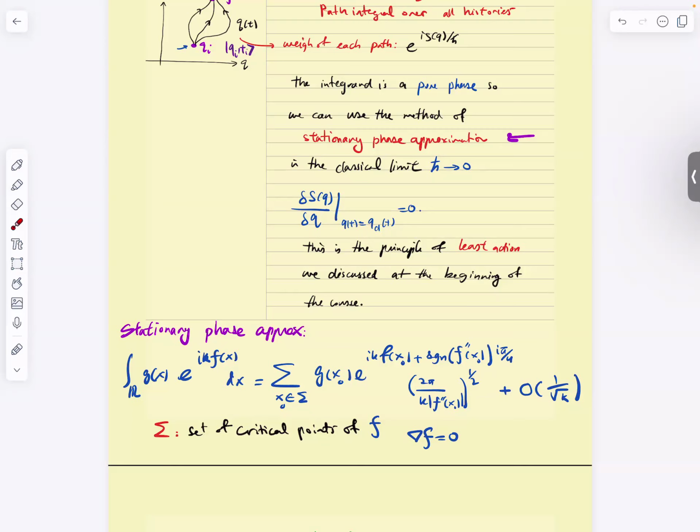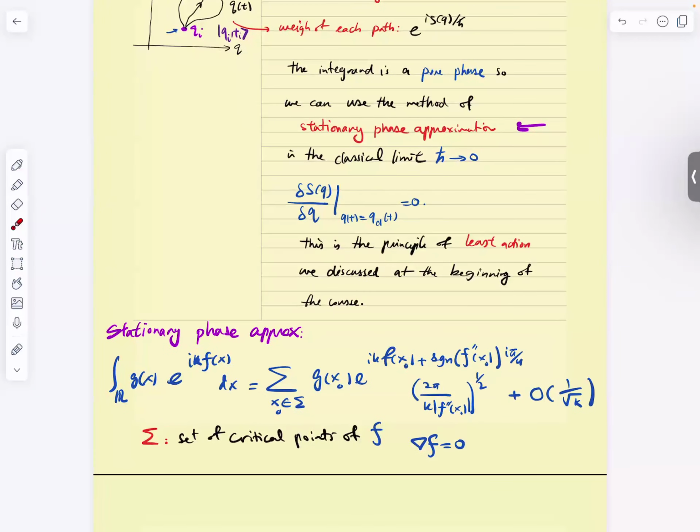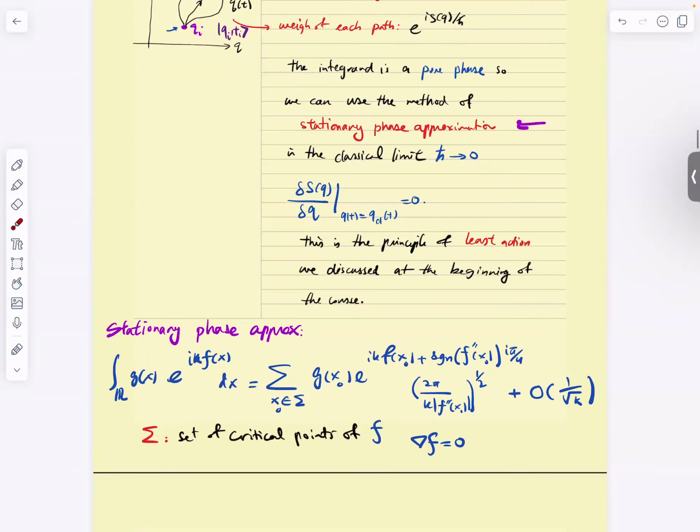Right? Good. So this is a path, right? The least action principle picks out a path, and it will give you a path for classical evolution. Good.